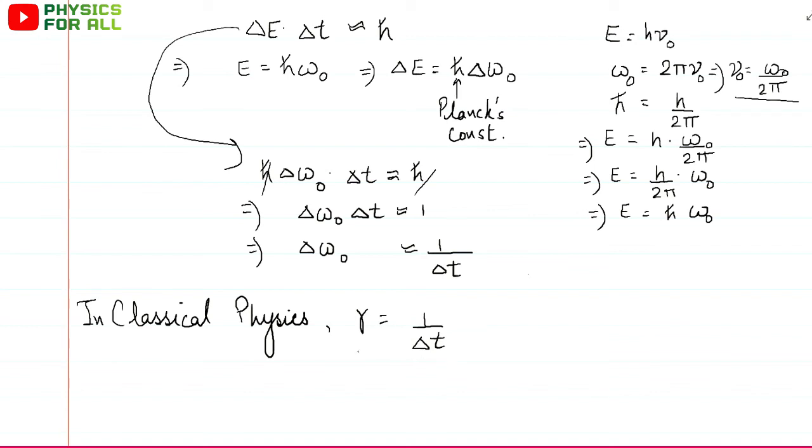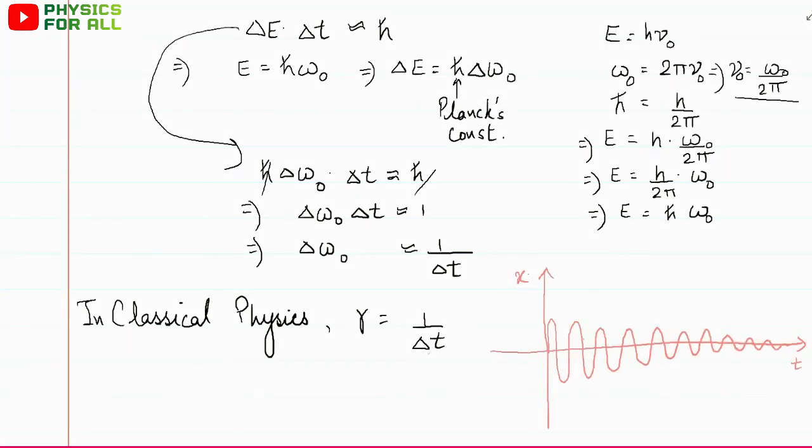So we can say in classical physics, we don't talk about the uncertainty factor. We can say that as time goes on, the damping factor would inversely vary with respect to that. As the time period increases, whatever wave or vibration is there, it would die out.